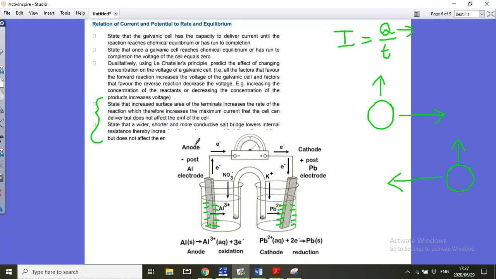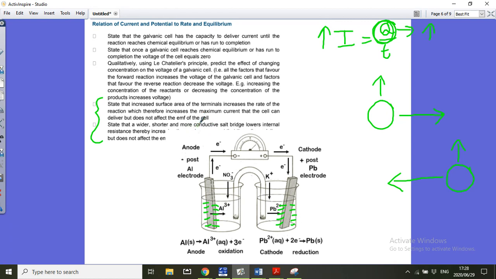So if the surface area of this electrode is made bigger, so that more of it is in contact with the liquid, then I will have more electrons moving, and that means I'll have a bigger amount of electrons per unit time, which means my current will go up.